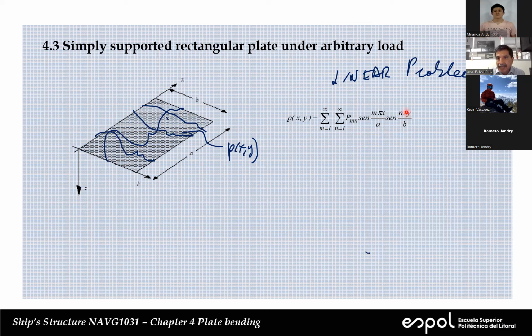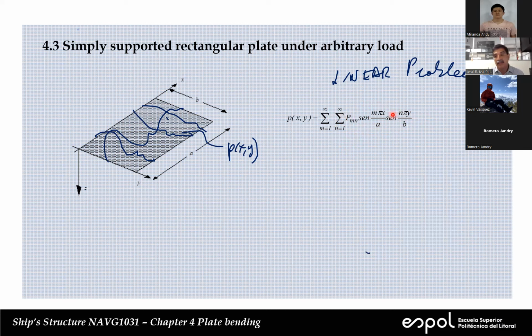series, we can take each one of these terms and we can set the solution. W is equal to Wmn sine and sine, and Wmn is equal to Pmn divided by pi to the fourth D, and all of that. So we know the solution for each one of these terms.